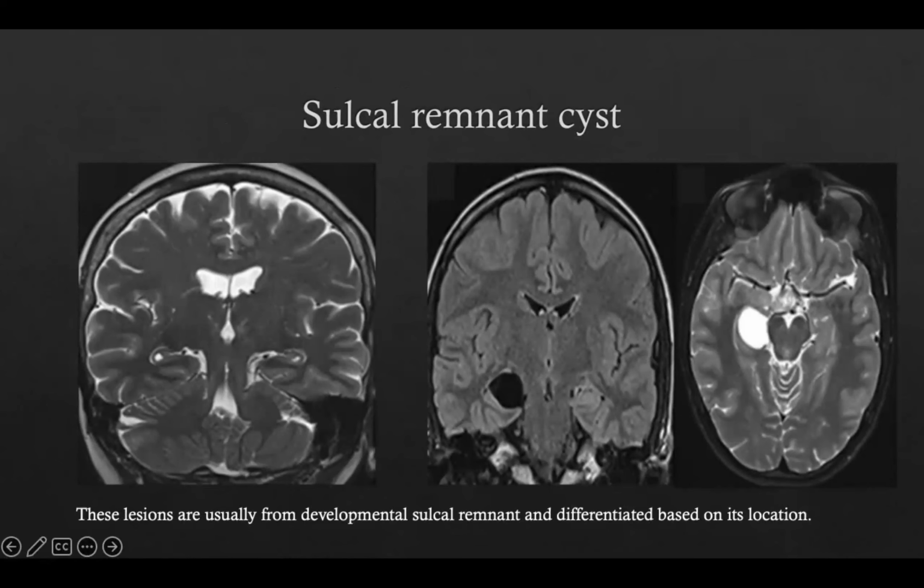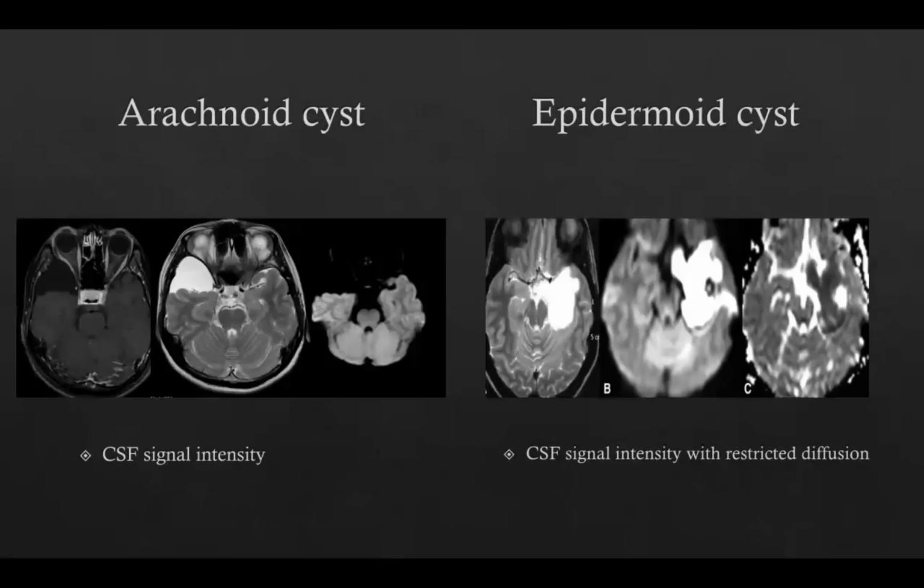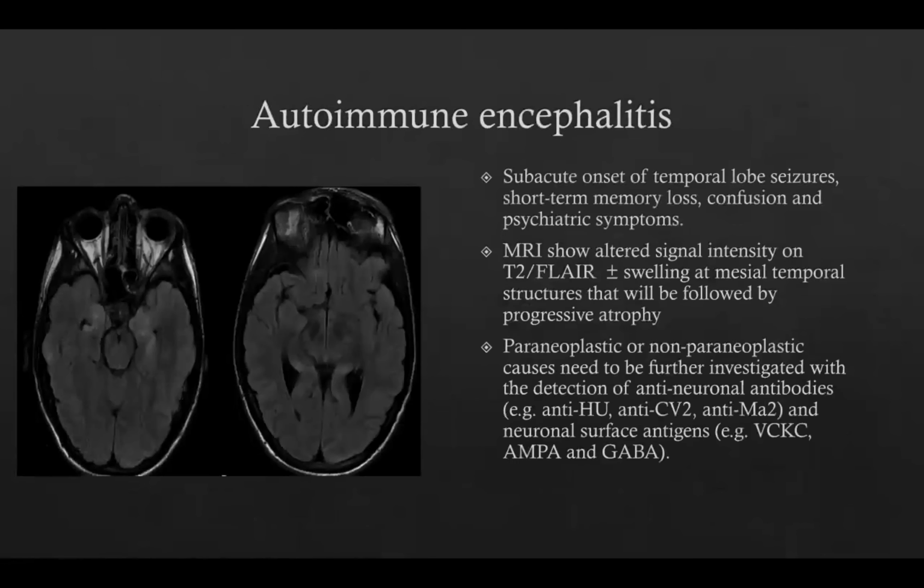It could also be due to an anatomic variant. Now the other things are arachnoid cyst, which may appear as hyperintense signal in all sequences, and epidermoid cyst, where you would see restricted diffusion on DWI and ADC. So you might also come across this kind of finding when you're evaluating patients with epilepsy.